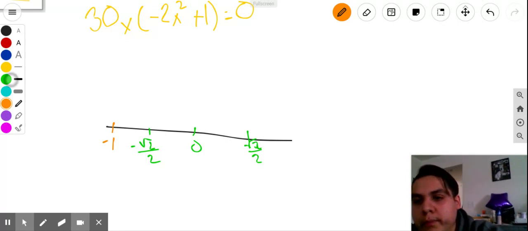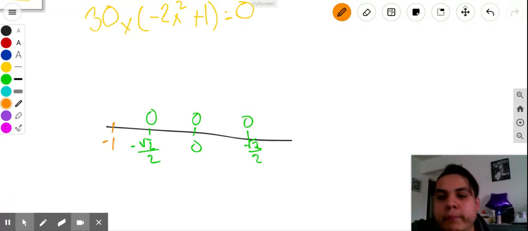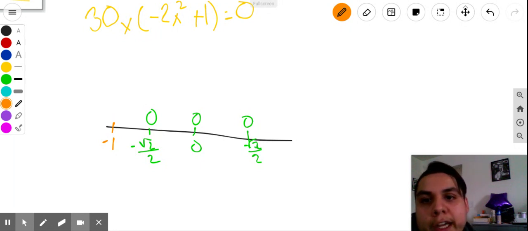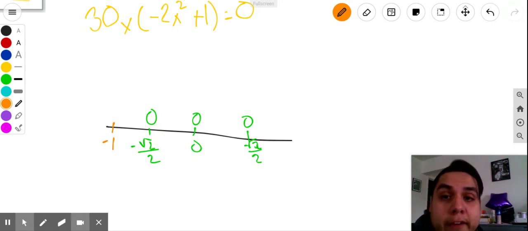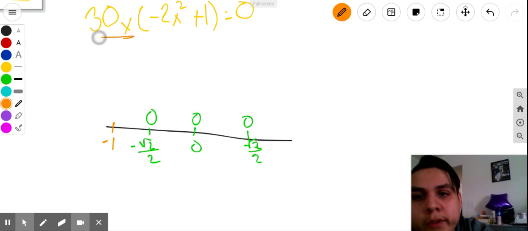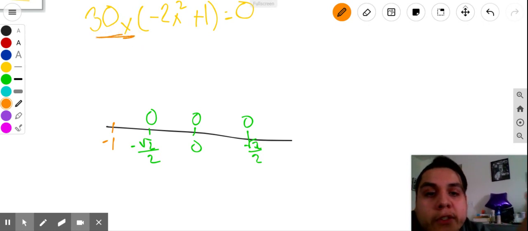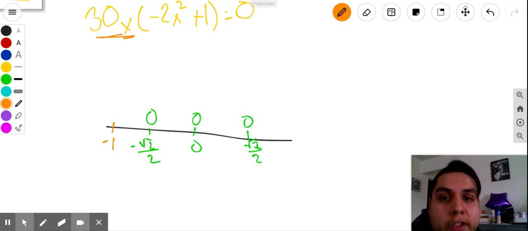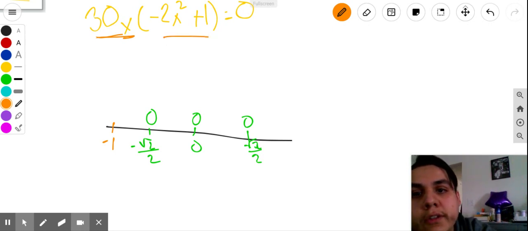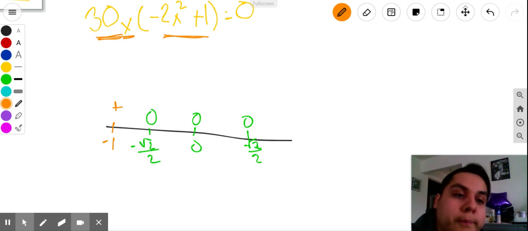I should note that at these green values, these are equal to 0. So if I plug a negative 1 in for x, 30 times a negative 1 will be a negative number. Negative 1 squared is positive. Negative 2 times 1 is negative, plus 1 will remain negative. So negative times negative gets me a positive.